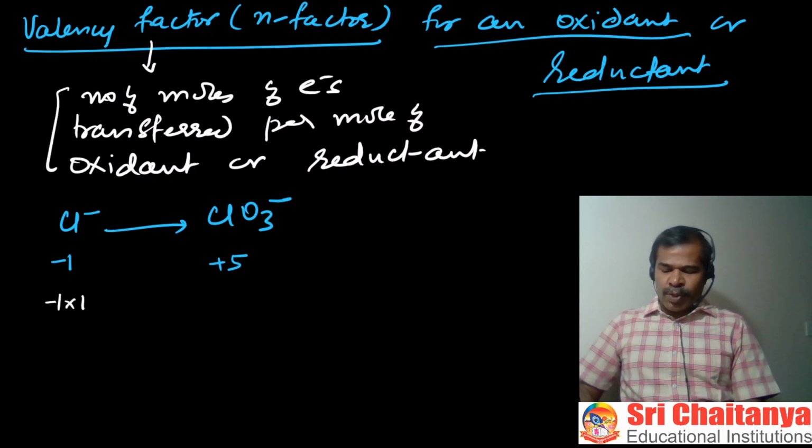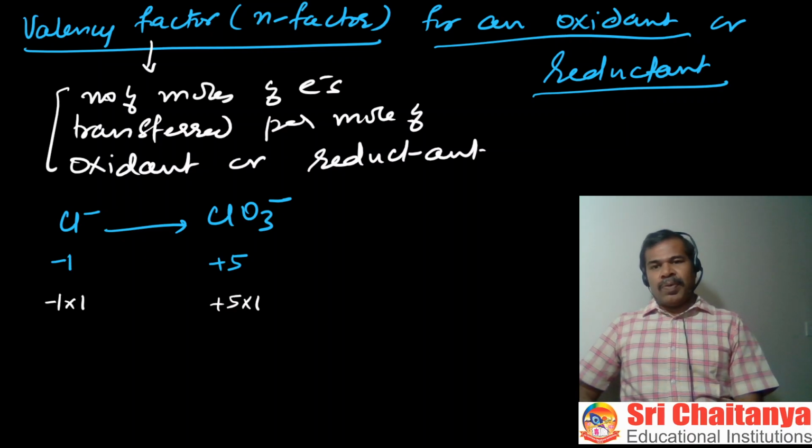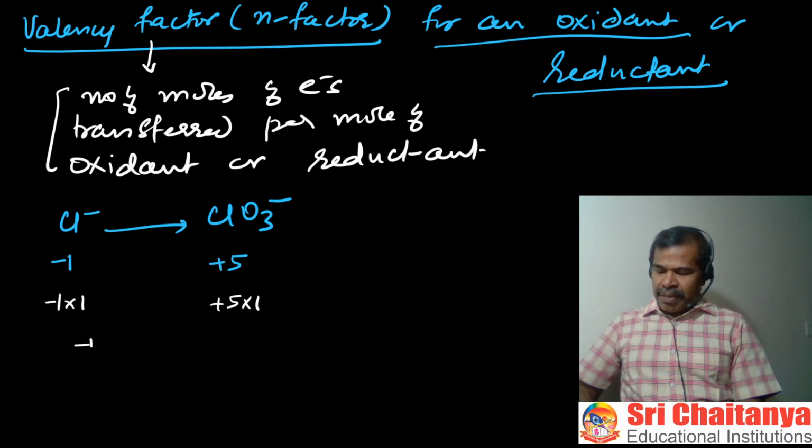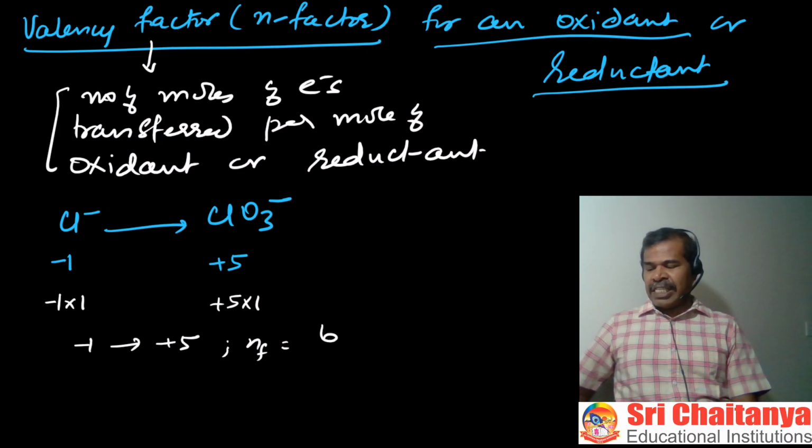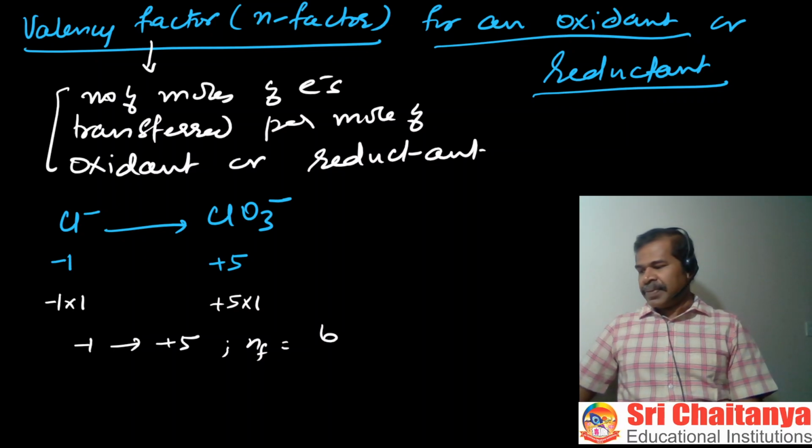Why 1? Because only one chlorine is here. And I am interested in, okay, it is going to +5. I am interested in only one chlorine atom. So into 1. So the change is -1 to +5. That is, the N factor for this substance is 6. So when chloride changes to ClO3 minus, the valency factor for it is 6.